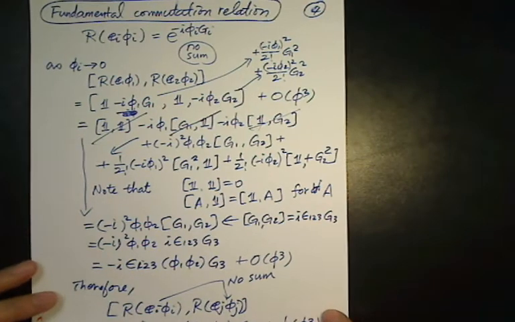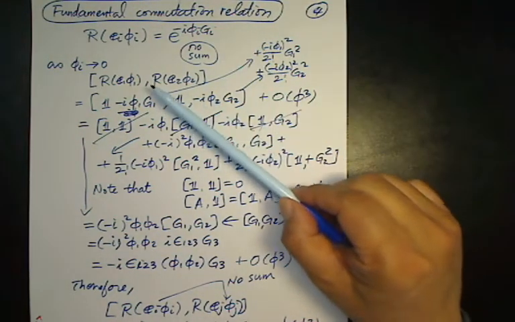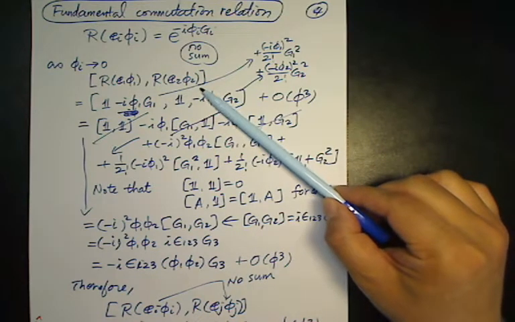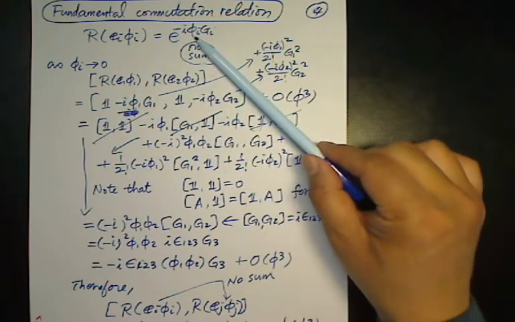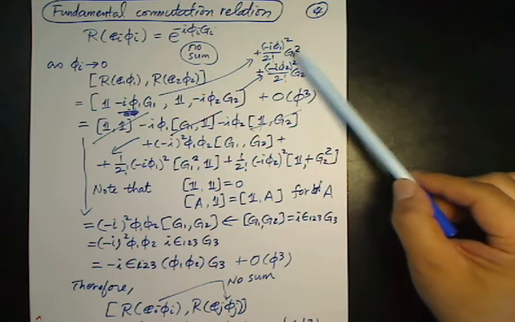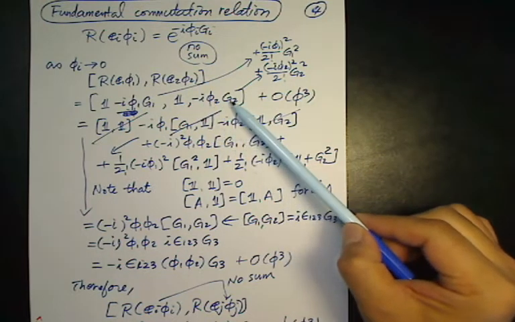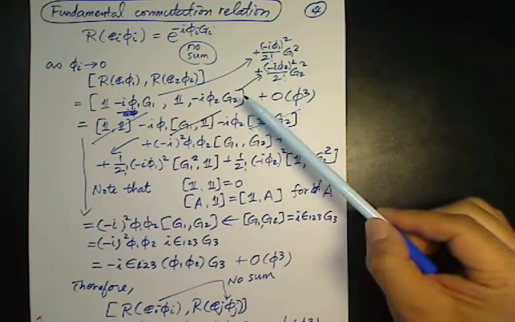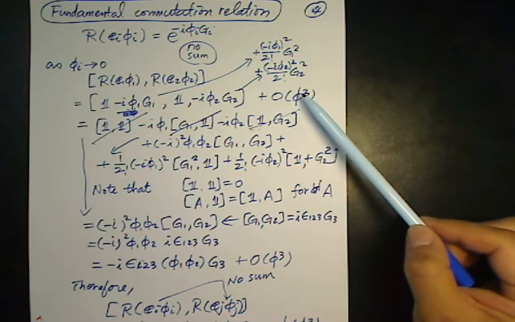So the fundamental commutation relation can be used to consider the rotation about the x-axis and y-axis. If we expand this expression, 1 minus i phi1 g1 and second order and third order, and 1 minus i phi2 g2 and squared contribution and so on, we neglect order cube contribution.